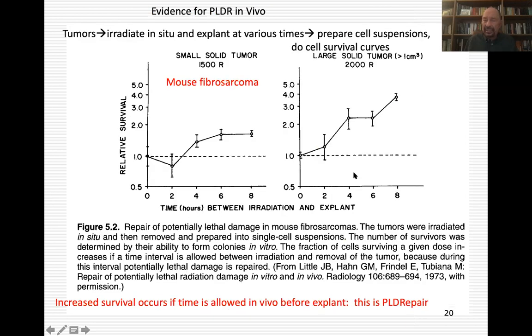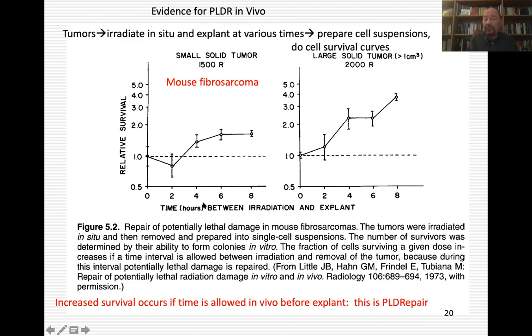Is this also observed in vivo? Somehow, yes. You see here in this case, you have tumors that are irradiated in vivo, in mouse, of course. And then the tumor is taken out and is replated. So this is the time between irradiation and explant, and this is the relative survival.